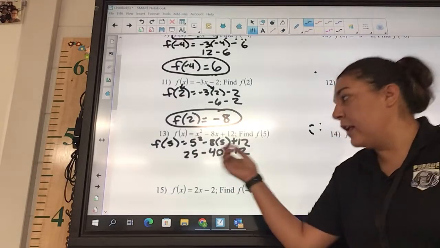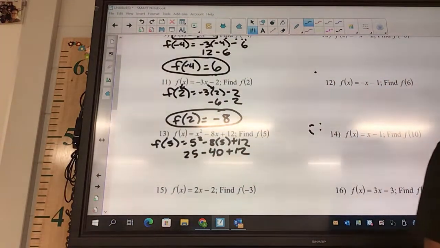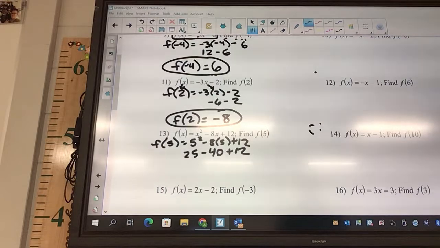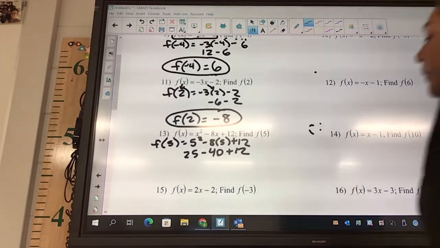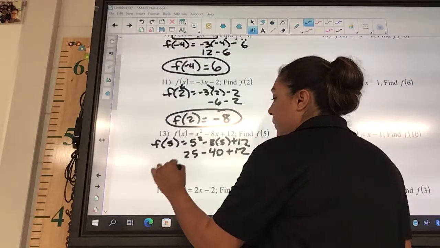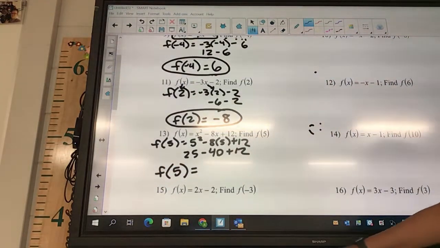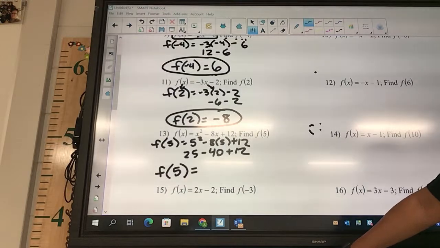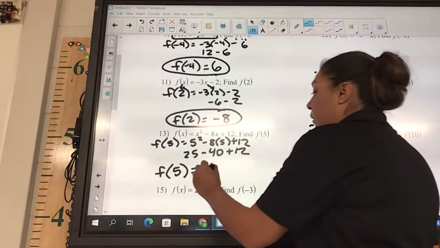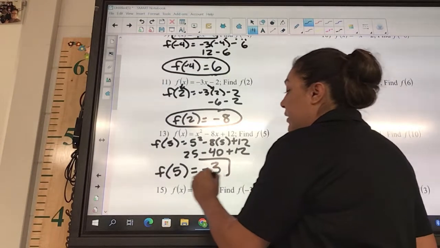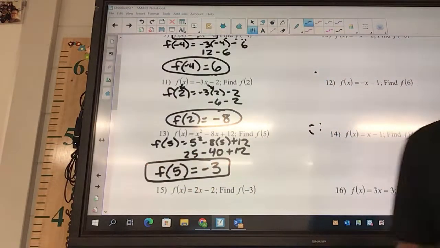Just type it in on your calculator: 25 minus 40 plus 12. -3? Okay, so our answer is f of 5 equals -3.